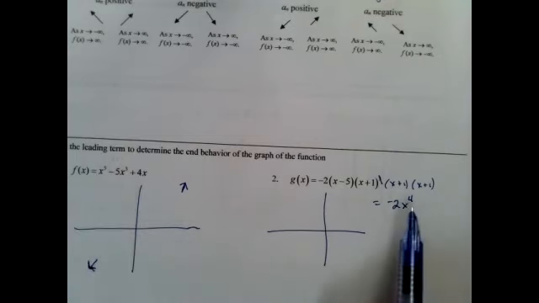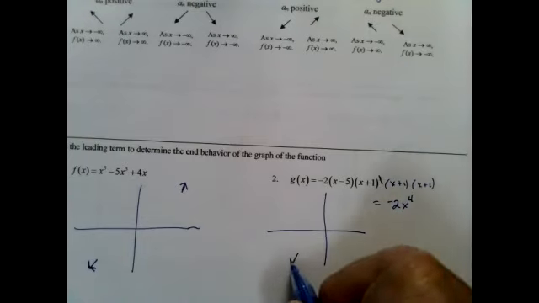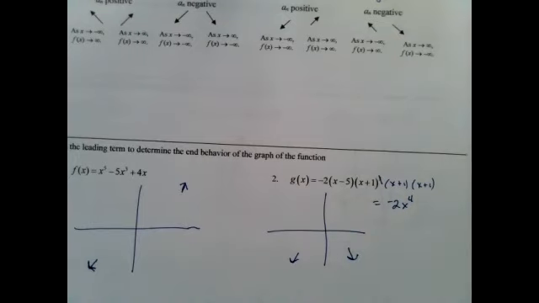And the degree would be 4, which is even, but it would be flipped. So my end behavior should be something like that.